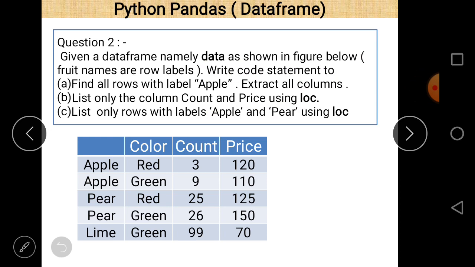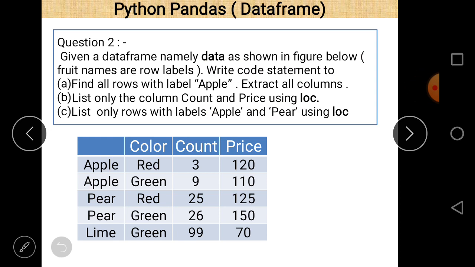Write a code statement to find all rows with label apple and extract all columns. Second part, list only the columns count and price using LOC. Third part, list only rows with labels apples and pears using LOC. So there is a use of LOC in this attribute, and it is also mentioned here that you should use the LOC attribute to find the desired result.